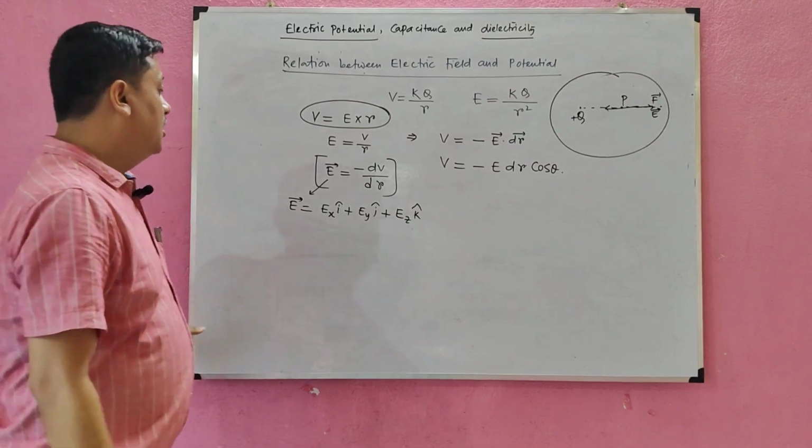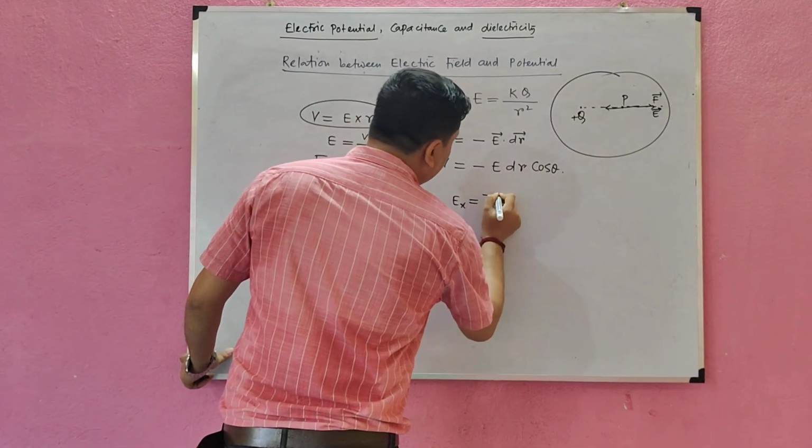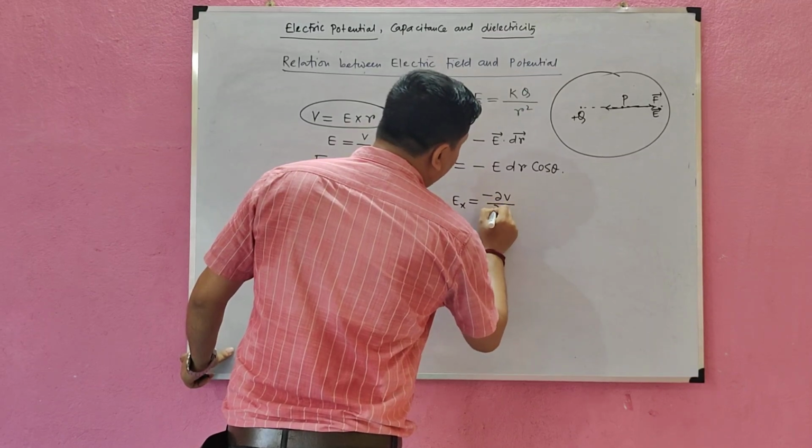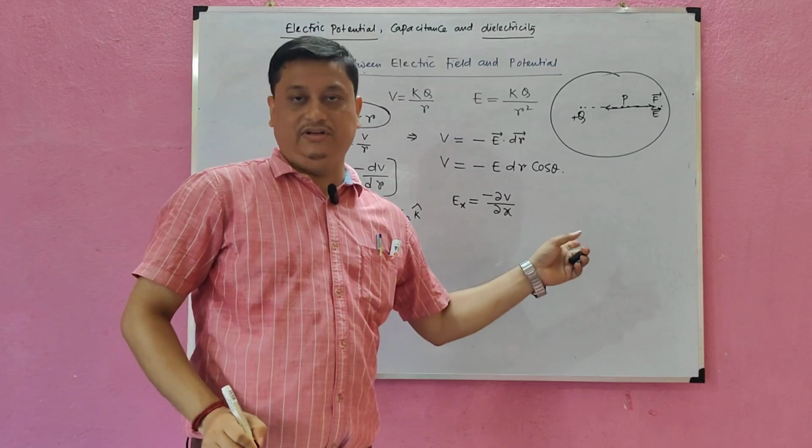And in place of Ex, we can write minus del V upon del X. This del represents partial derivatives.